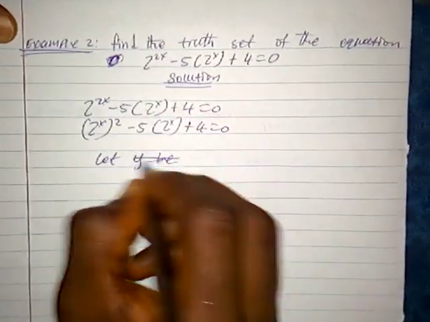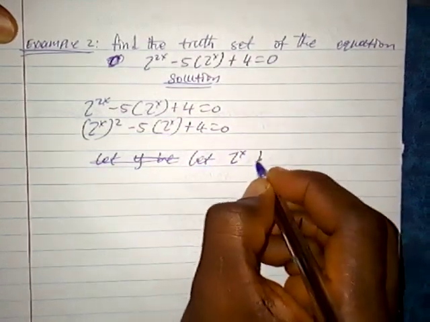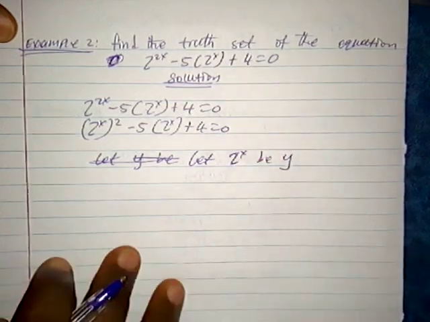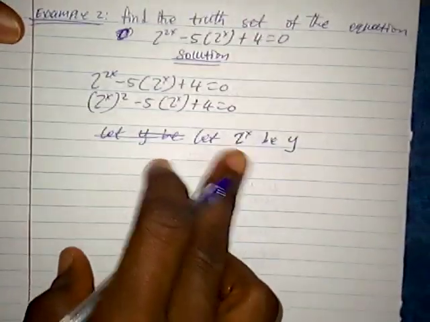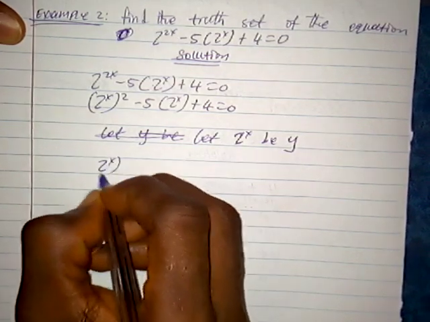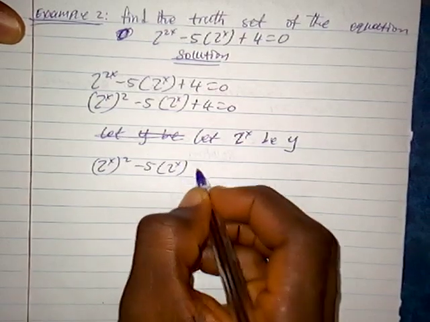Let 2 raised to the power x be y. You see, 2 raised to the power x, let it be y. So anywhere you see 2 raised to the power x, you put y.